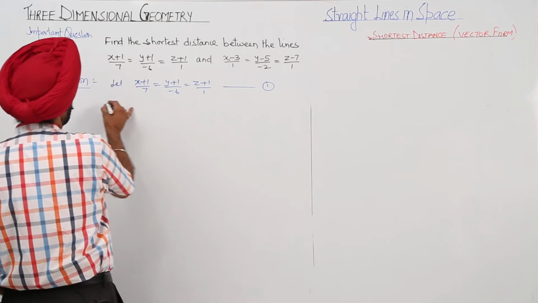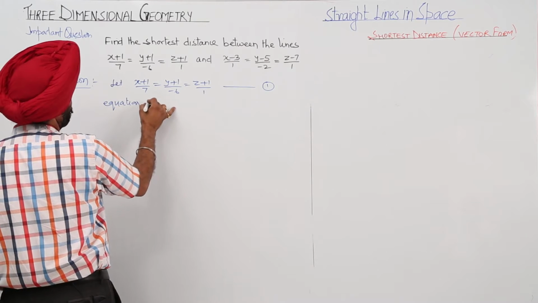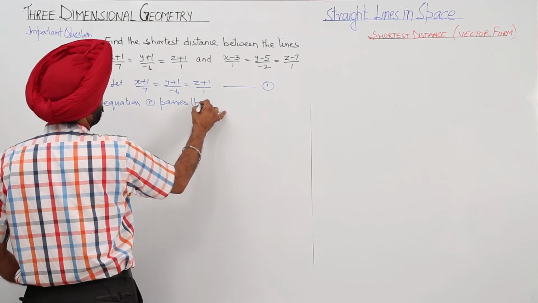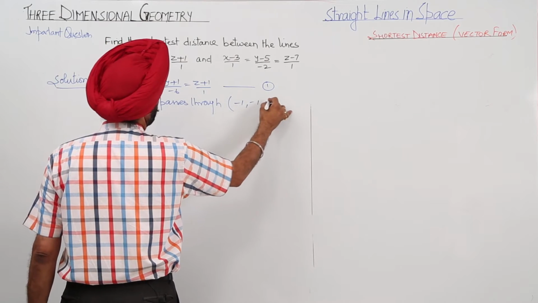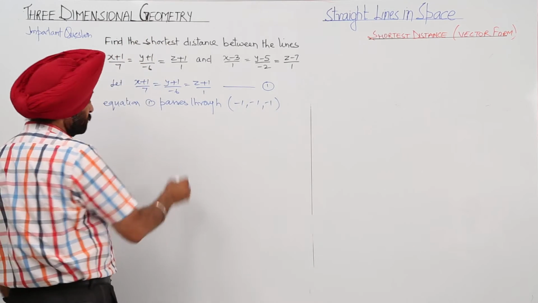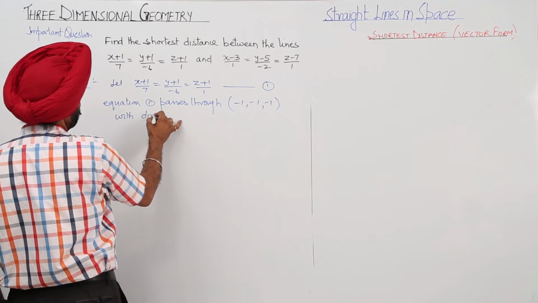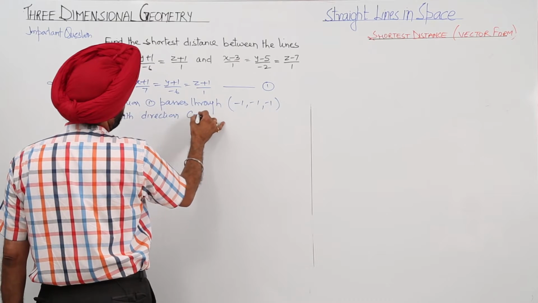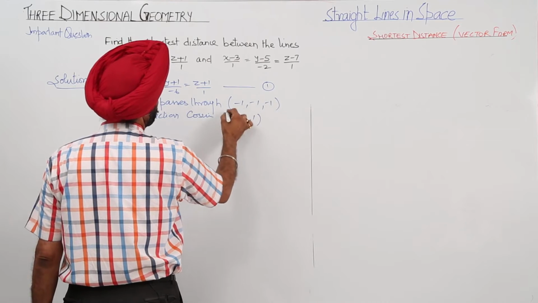Now, equation 1 passes through (-1, -1, -1) with direction ratios 7, -6 and 1.